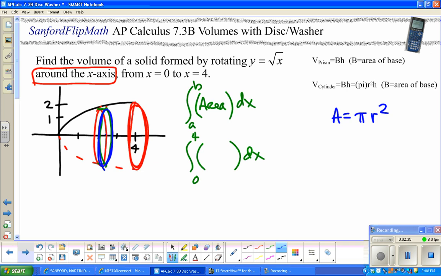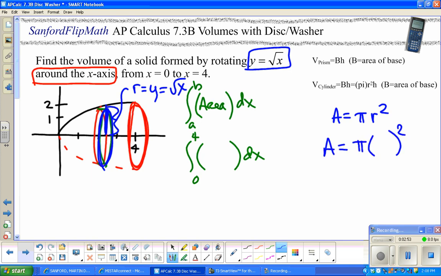The radius happens to be whatever the y value is, and the y value for every x can be found by looking at the square root of x. So the area is pi times the square root of x, squared.